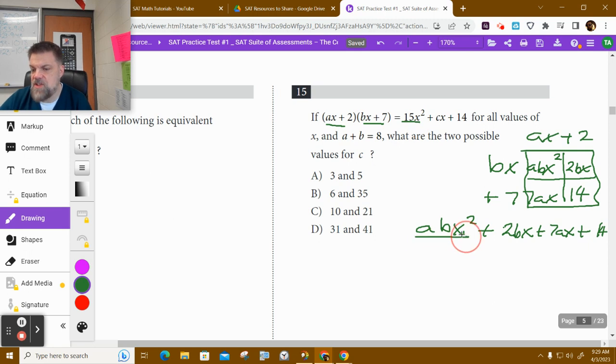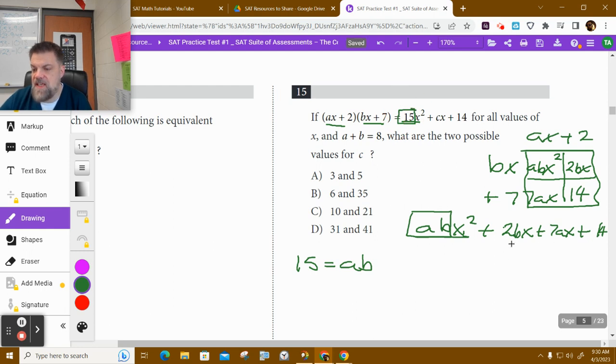So if I look at the x squared, then I know that 15 is equal to a times b. And where I get that from is the term that's x squared is going to be ab, right? Do you guys see that?